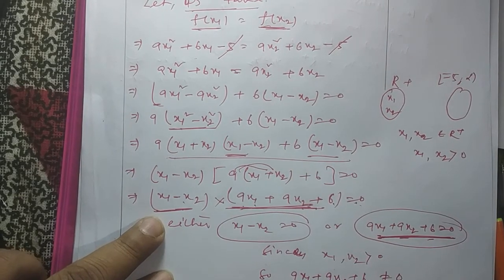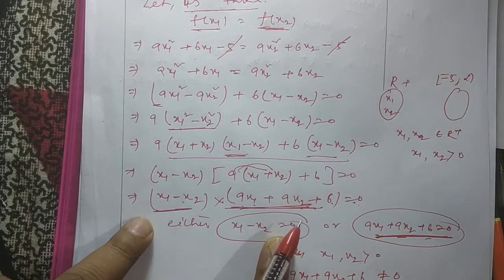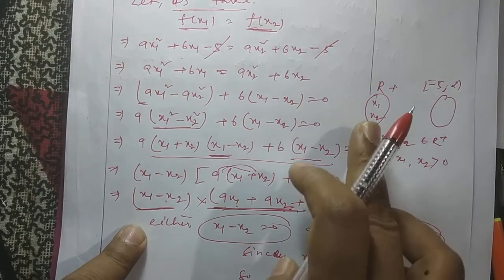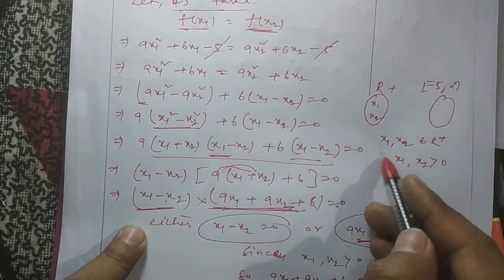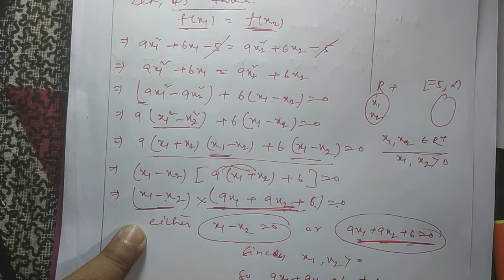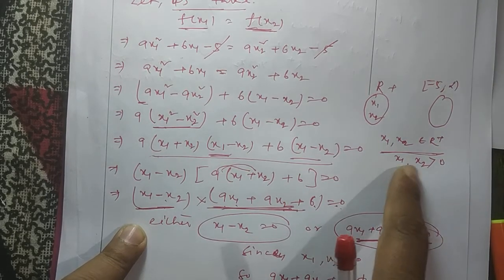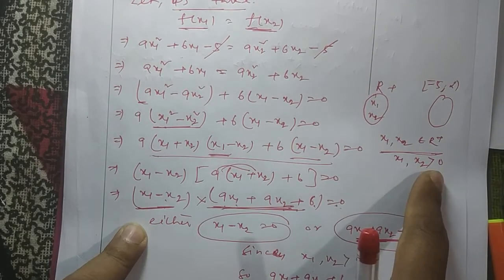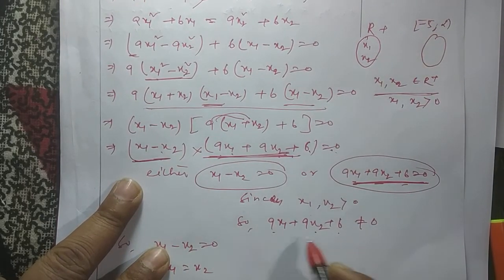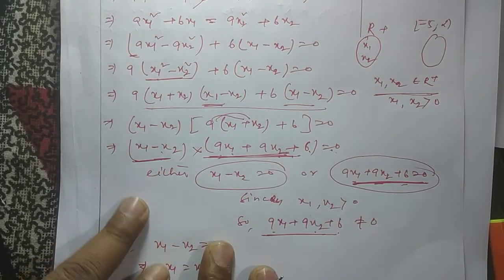So either the first factor is 0 or the second factor is 0. But all the x1, x2 come from the domain R plus, which means they are positive. Since x1, x2 are positive, the factor 9x1 plus 9x2 plus 6 can never be 0.